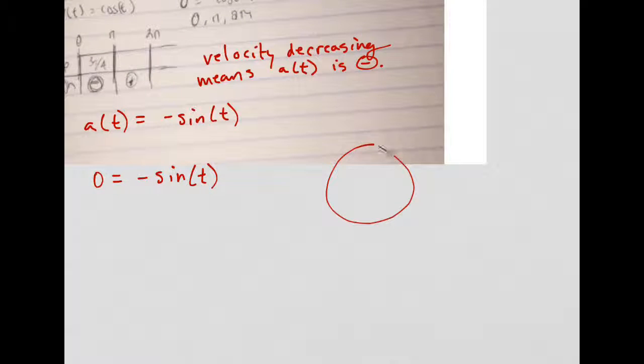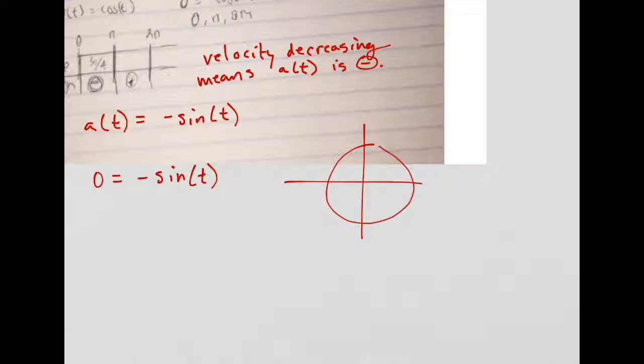So, a sign chart for acceleration, because I want to know when acceleration is negative. So, I set the acceleration function equal to 0, and we go to the unit circle. When is sine of t 0? Because that's the same thing.